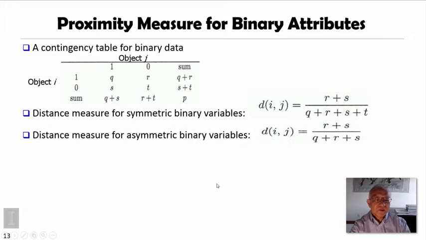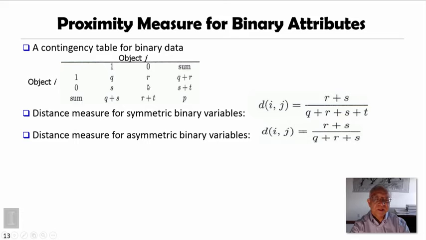For asymmetric binary variables, usually we assume the case where they both appear is much rarer than where they both do not appear. So for these asymmetric variables, the distance is r plus s, but the case where they both do not appear, t, is not so important.